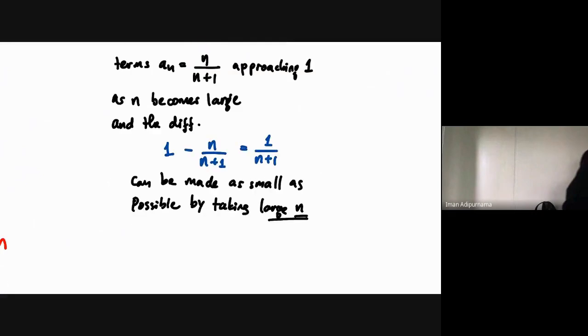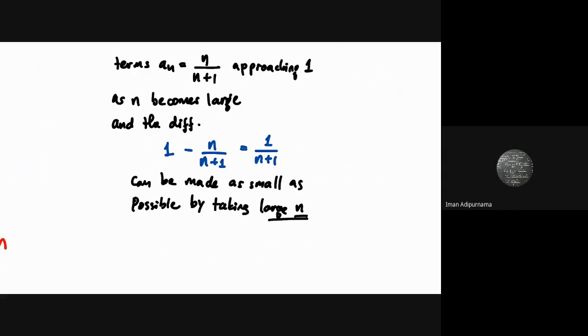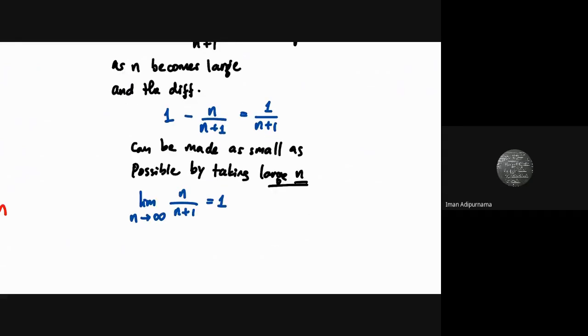So we can write the limit as n goes to infinity of n over n plus 1 is 1. And the notation can be written in general as the limit of a_n, and we say we have some value there.